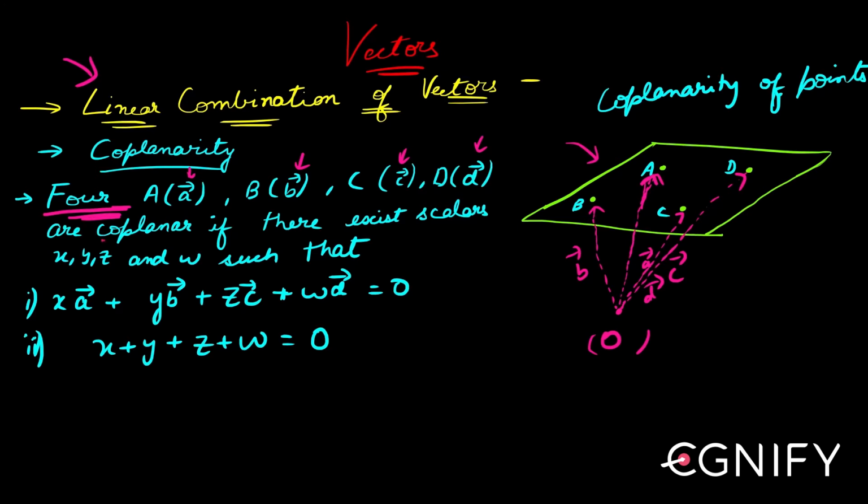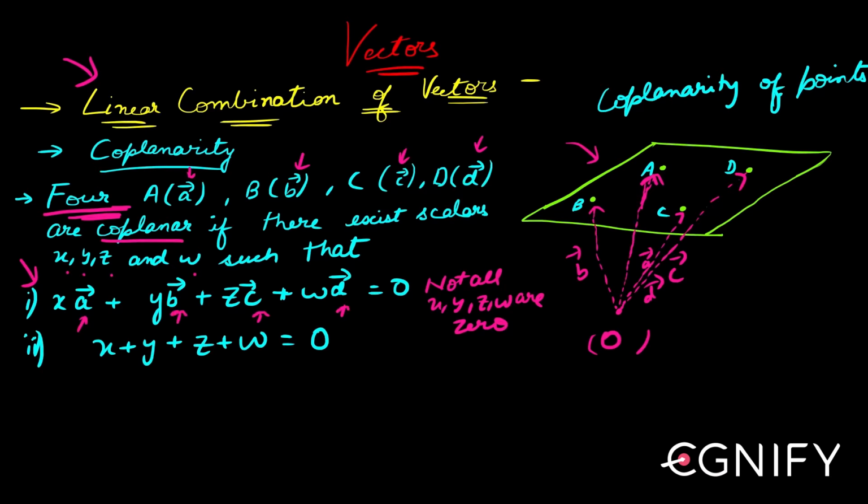So you have 4 points, you have their position vectors. Now these 4 points are coplanar if there exist scalars x, y, z, w such that this first condition holds good. And there's one more thing to be mentioned here: not all x, y, z, w are 0. What does that mean? I'm taking the linear combination of these vectors. What are these vectors? They are position vectors.